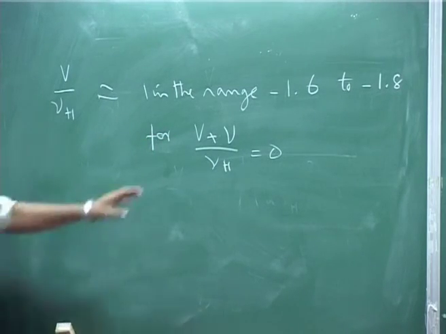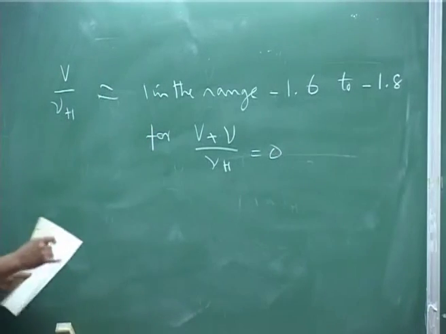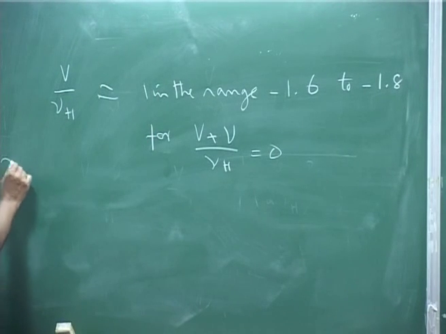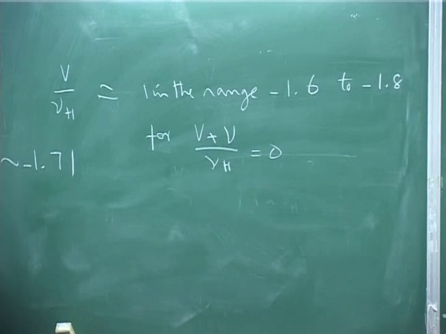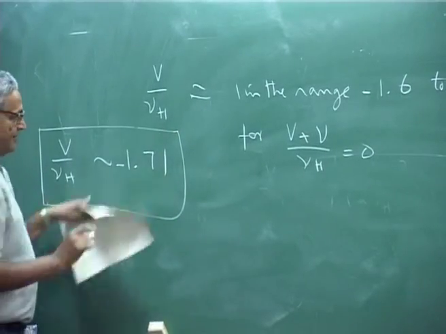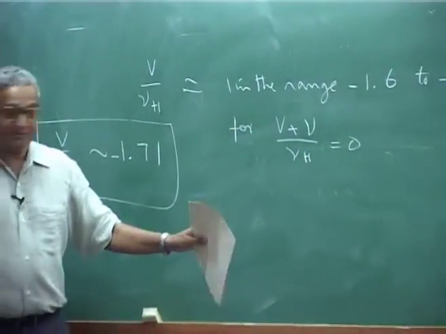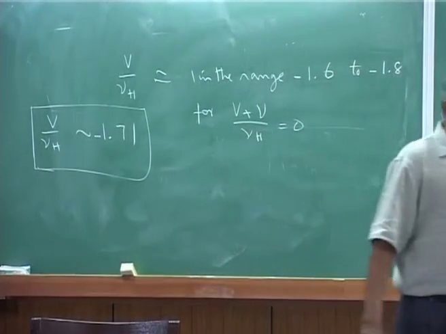It is in that range. Usually it is taken as approximately 1.71, somewhere at the midpoint. For V plus nu, I am taking a point in between these two. I am going to see, it is a very steep line.